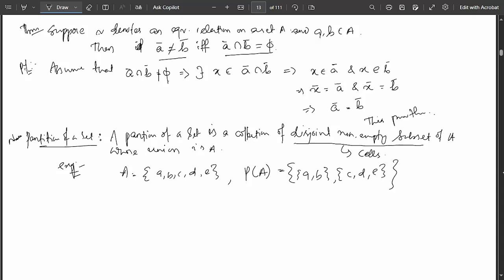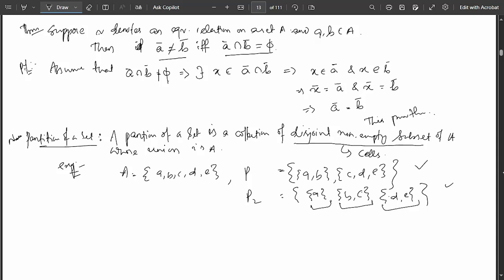I can make another partition, {A}, {B, C}, {D}. So this is all about partition of a set, and these are individually called cells.